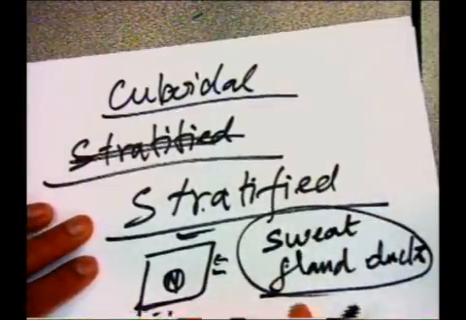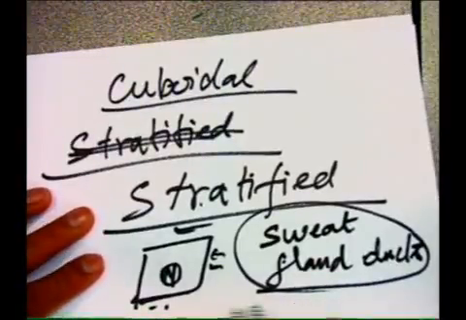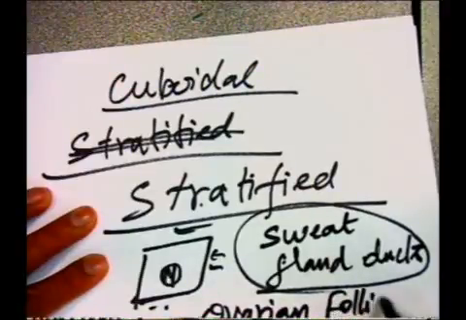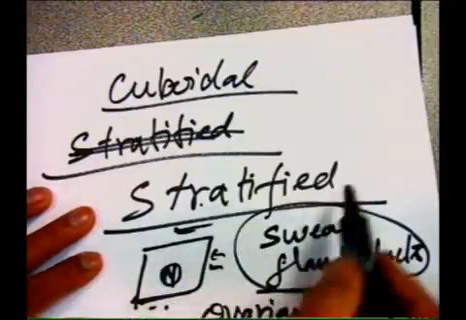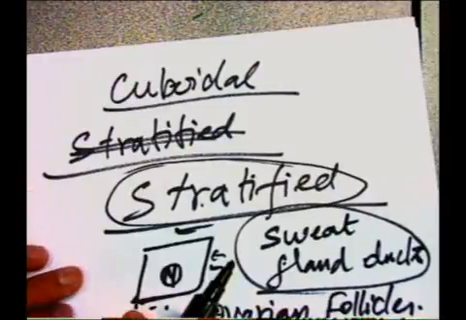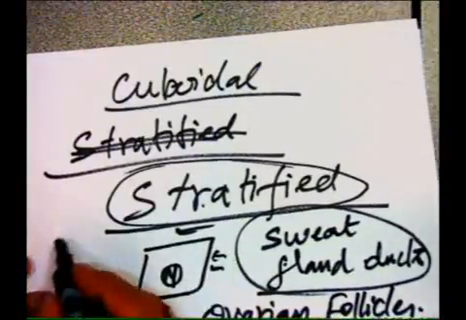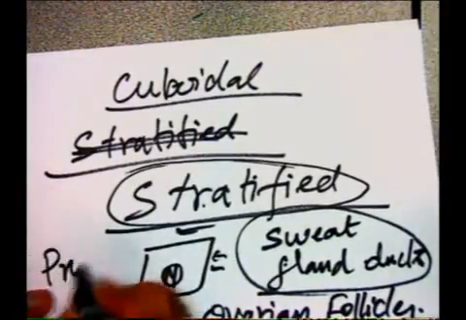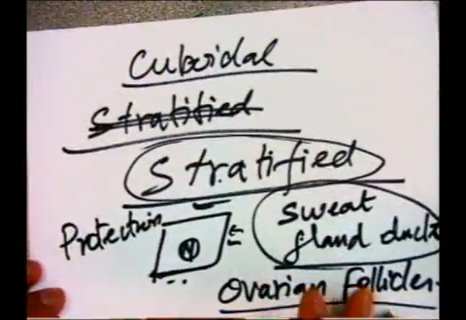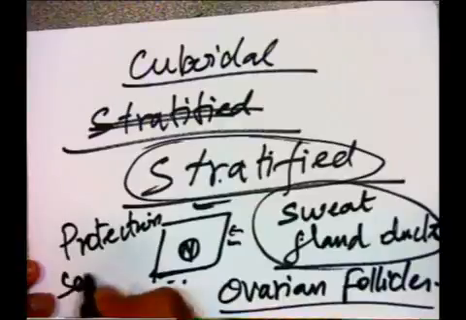Sweat gland ducts, and the developing ovarian follicles. They are made up of multiple layers of stratified cuboidal epithelium. And the main function is protection, and also secretion.